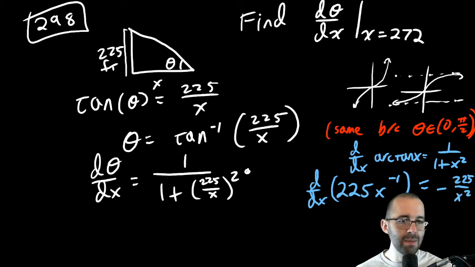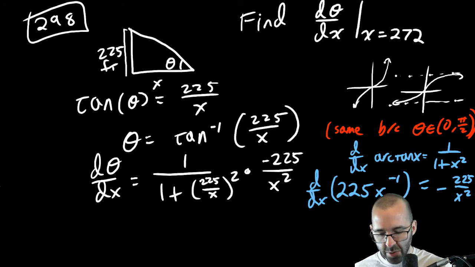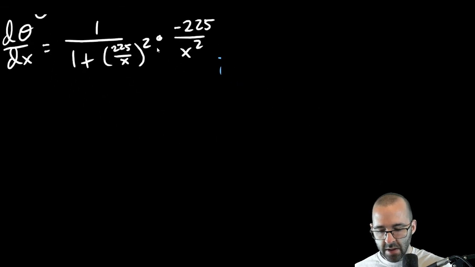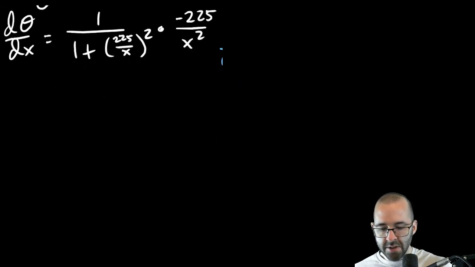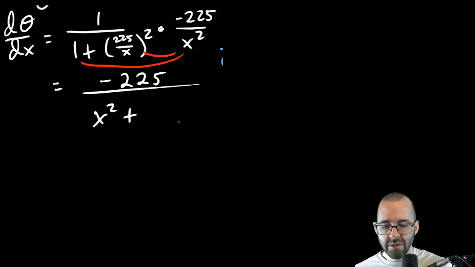You could take a couple more steps to get there, but I'm just going to do the shorter steps since we've done quite a few problems like that. All right, this is our derivative. Let's simplify. Negative 225 over, distribute that x squared, that's going to be x squared plus 225 squared.